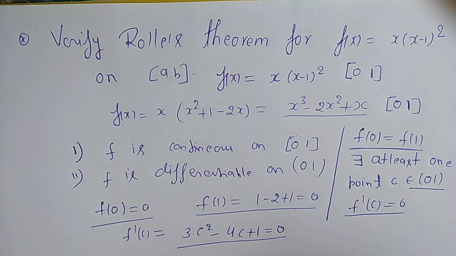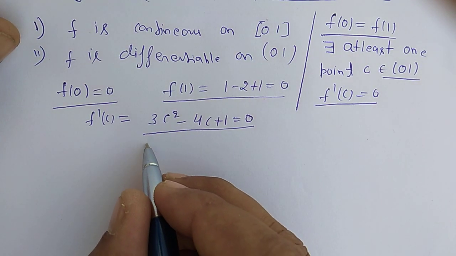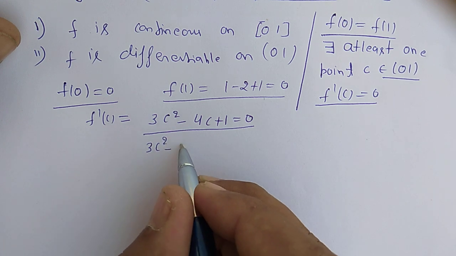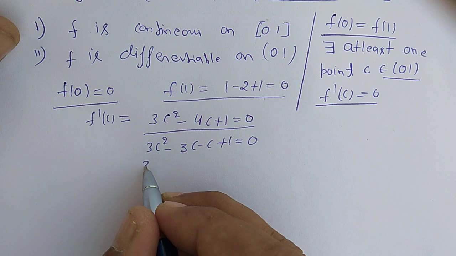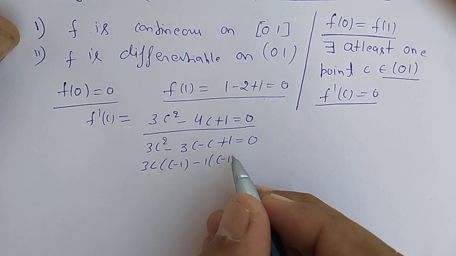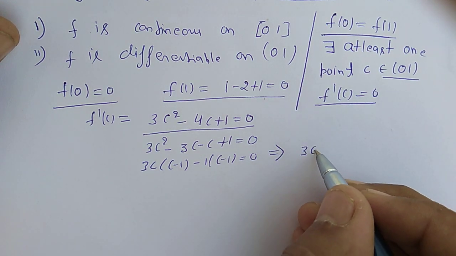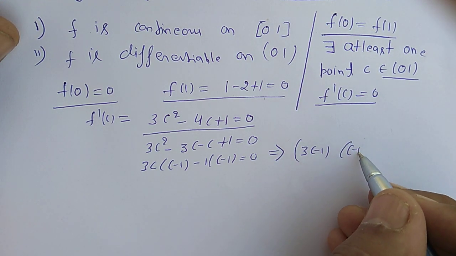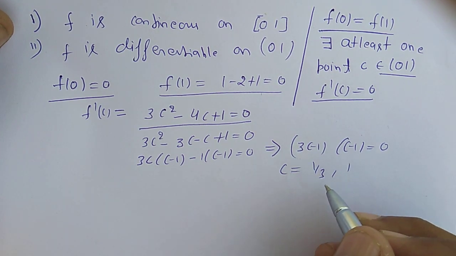So this is a quadratic equation. If you solve, what do we get? We have 3c square minus 3c minus c plus 1 equal to 0. So 3c into c minus 1, minus 1 into c minus 1 equal to 0, which implies 3c minus 1 and c minus 1 equal to 0. So c equal to 1 by 3 and 1.